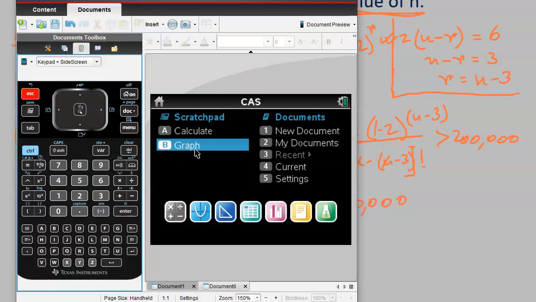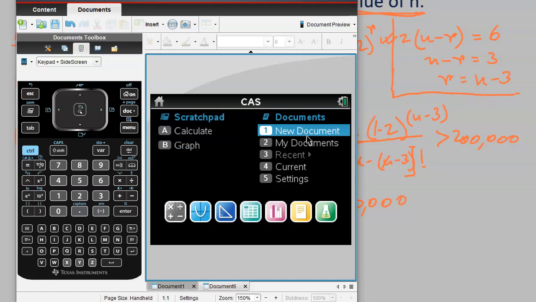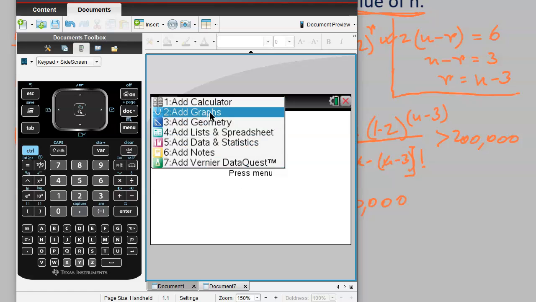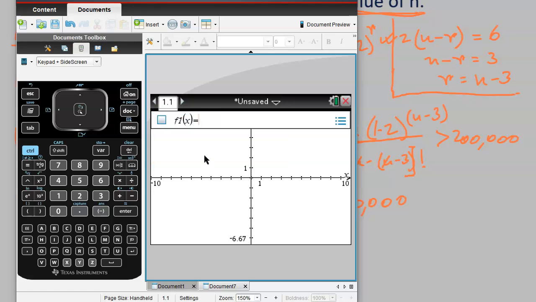So now we have to go to the graphs, and let me take the new document. No, we do not want to save. Okay, and we come to graphs. Fine.